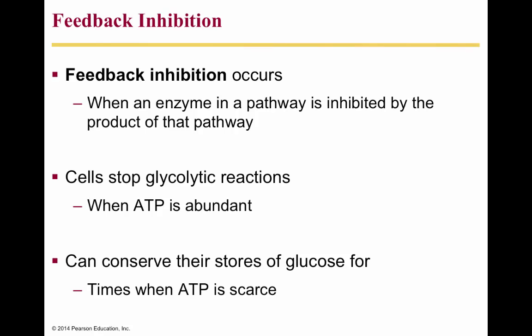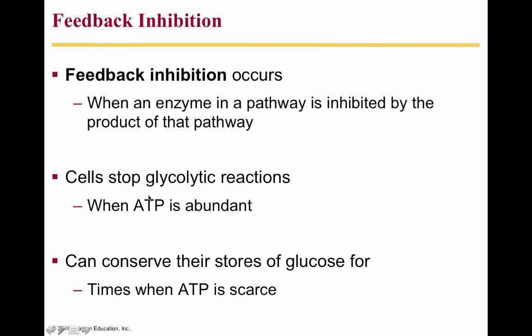All right. Now, typically, glycolysis works in a pathway that is subject to feedback inhibition. This is when an enzyme in a pathway is inhibited by the actual end product of the pathway. And it's usually an early enzyme. One of the enzymes in like step 1 or step 2 is inhibited by the end product of the pathway.